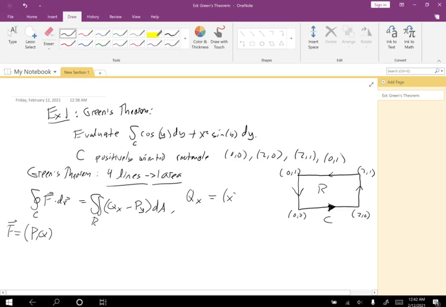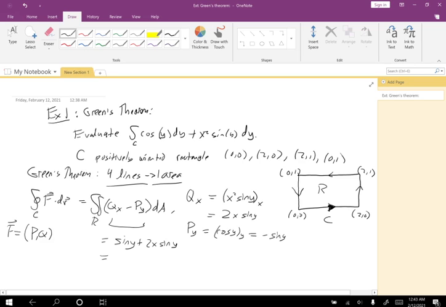So it's x squared sine y, partial derivative in x. So it's 2x sine y, and Py will be cosine y, partial derivative in y. So of course we get negative sine y. So our integrand reduces to simply sine of y plus 2x sine of y.